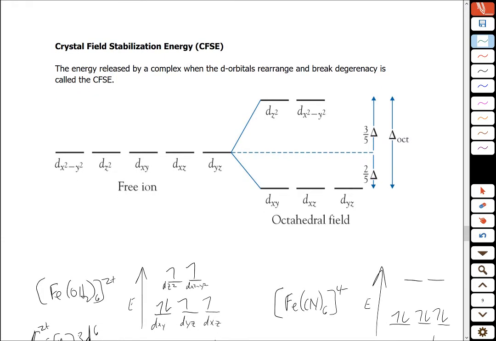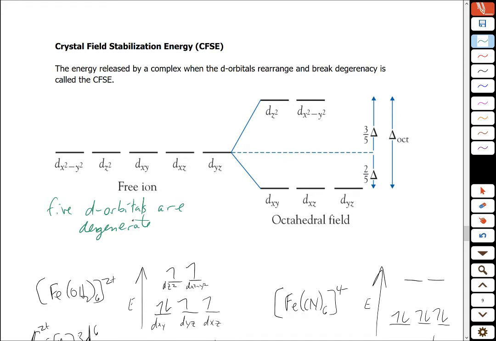We have the free ion. When we have the free ion, like iron 2 plus, we have the 5 d orbitals, which are degenerate. I'm going to rewrite that because I don't mean to indicate that those are the 5d. The 5 d orbitals are degenerate when there's nothing bonded to the transition metal.